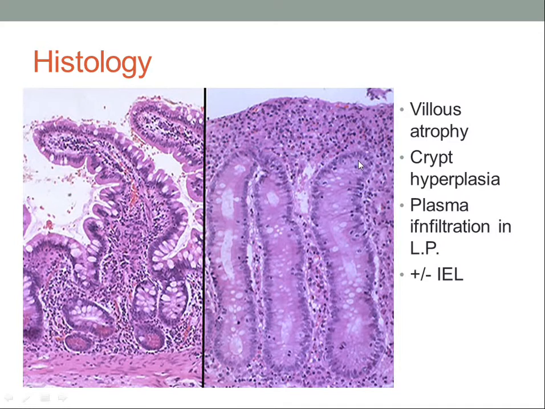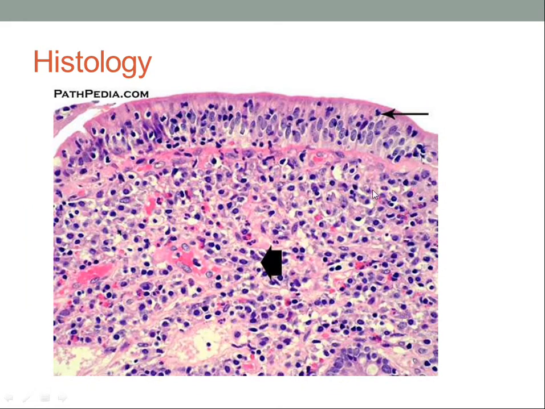And you can also appreciate a large amount of plasma cells within the lamina propria. Occasionally you may also see intraepithelial lymphocytes, which you can see in this histology slide are these darkly stained blue dots in the mucosa.